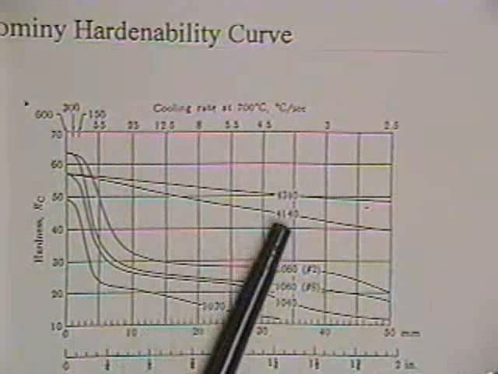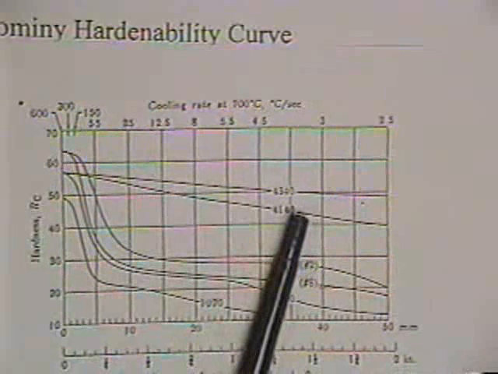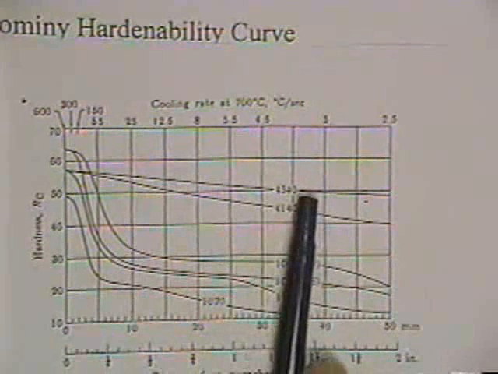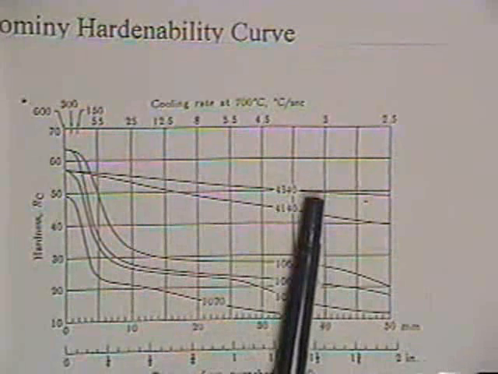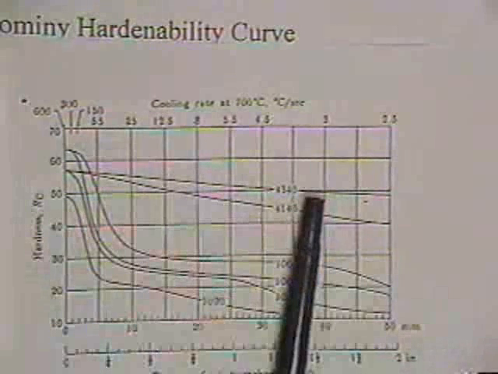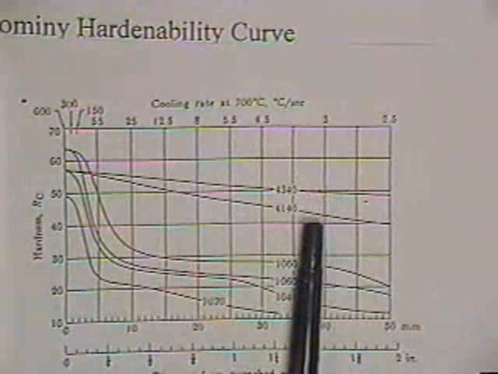On the other hand, a 4340 steel, of course, is a chrome nickel molybdenum steel and corresponds to about 5% alloying elements. You'll see that the line, this hardness curve, is very high. 4340 and 4140 would be considered very hardenable steels.